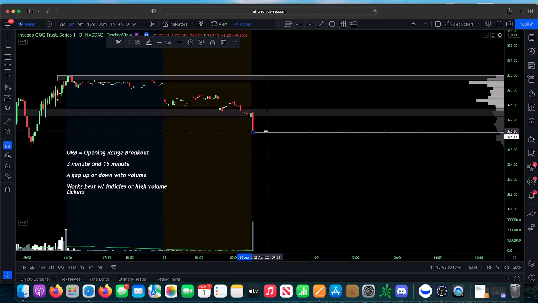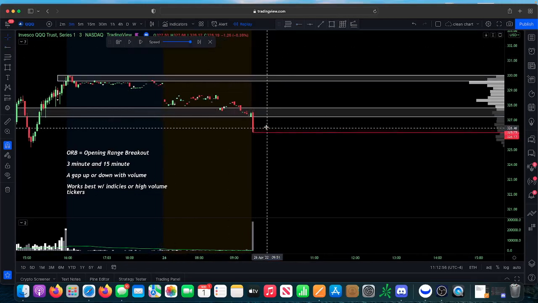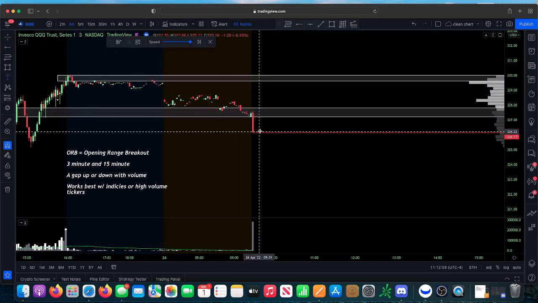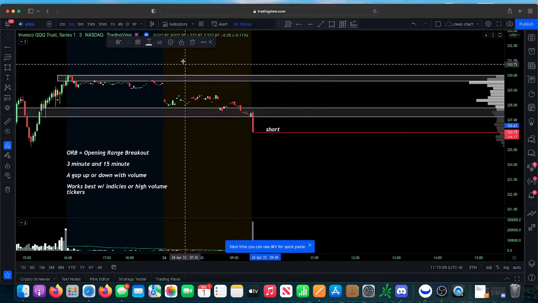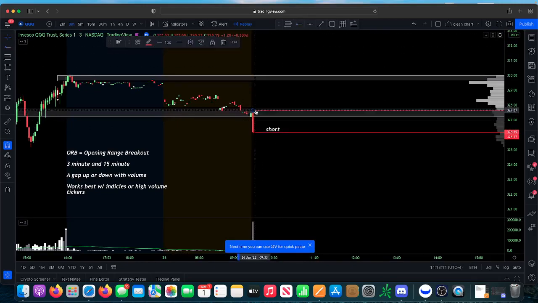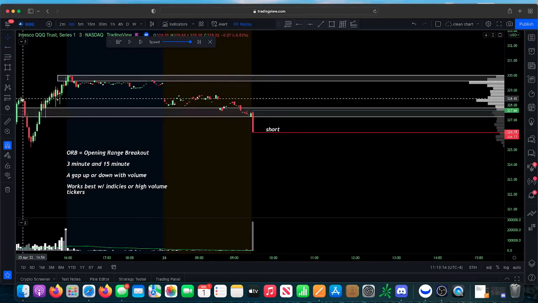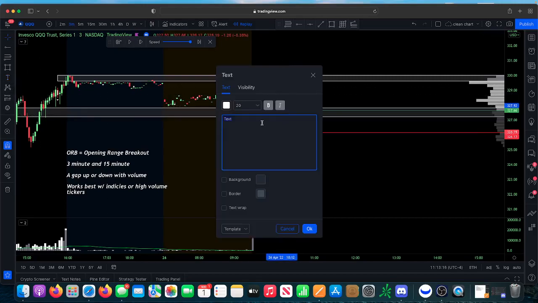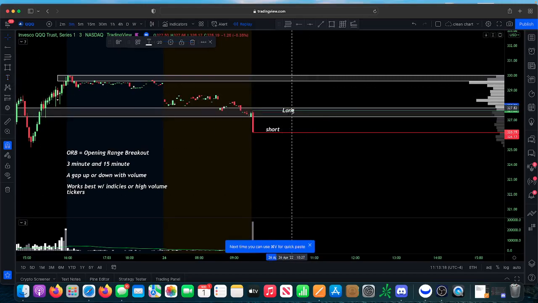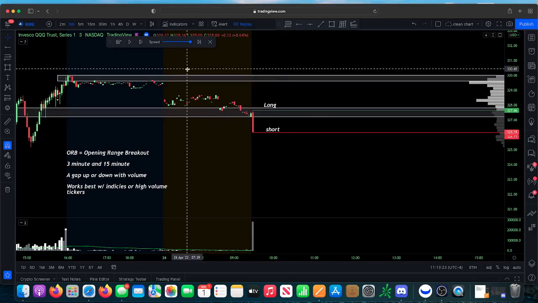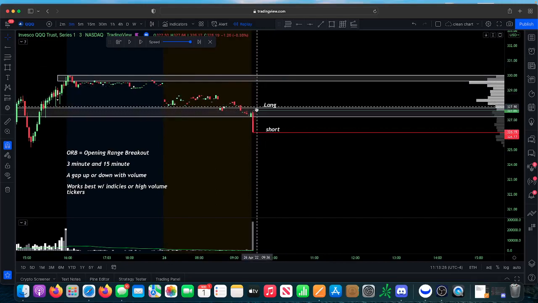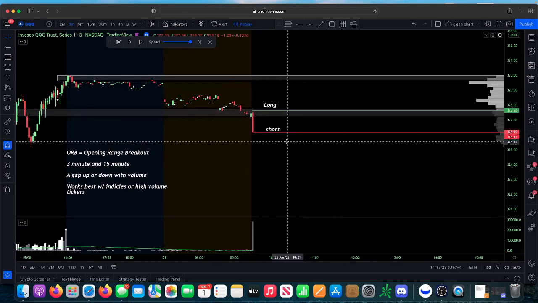So we need a break of the low to go short, or a break of the high to go long. Let's see what happens. So you're entering on the first candle that's gonna break this.